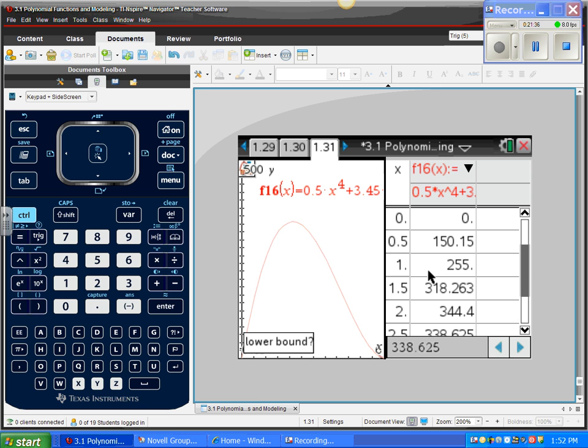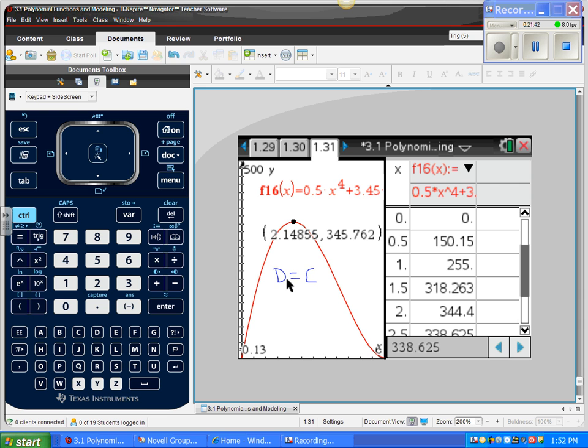Okay, my lower bound, my upper bound, and it's going to pop up for me. So again, my domain was 0 to 6 hours for time. My range for the amount that's in my system, we're starting at 0, and I'm maxing out at 345.8 approximately. Okay, so there's your domain and your range.